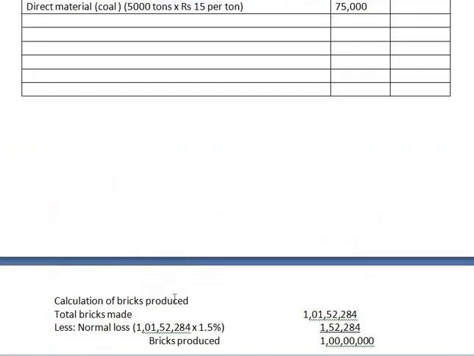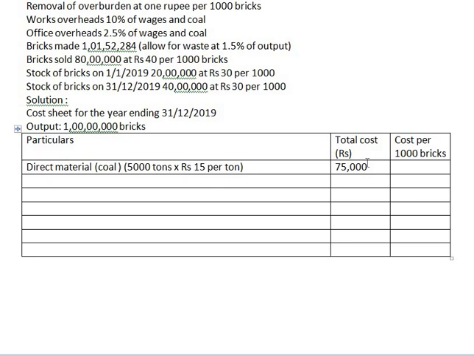So here we are writing cost per 1000 bricks, but here we will be dividing it by 10,000 bricks. Hope this is clear to y'all. Now 75,000 divided by 10,000 bricks, so that is rupees 7.5. Hope this is clear to you all.